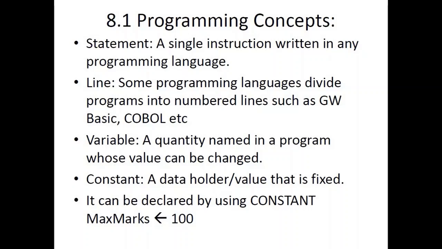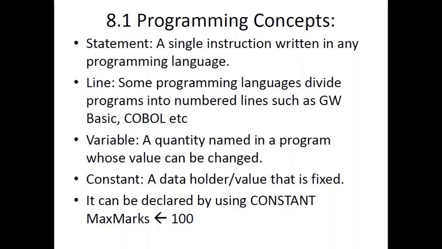Some programming languages or some IDEs give the line number as 1, 2, 3, 4, 5, 6, 7, 8 and so on, whereas in some languages such as the C language and GW basic, it is often given as 10, 20, 30, 40 and so on. Anyways, that is basically something to be handled by the IDE and not really the programmer's headache. So this is just a feature of some programming languages, nothing else, such as GW basic, COBOL, etc.